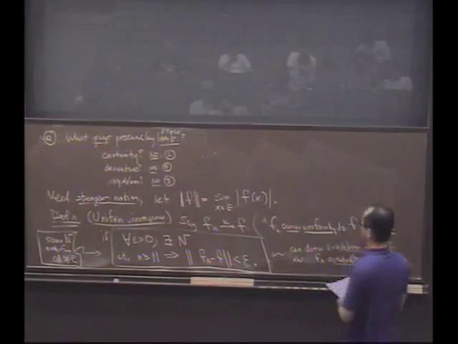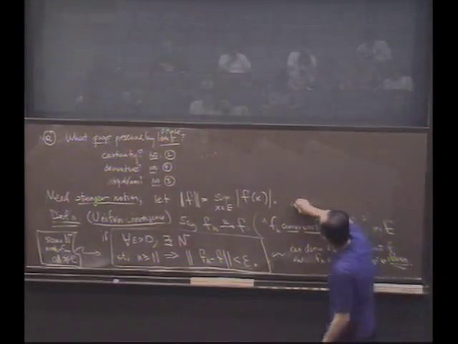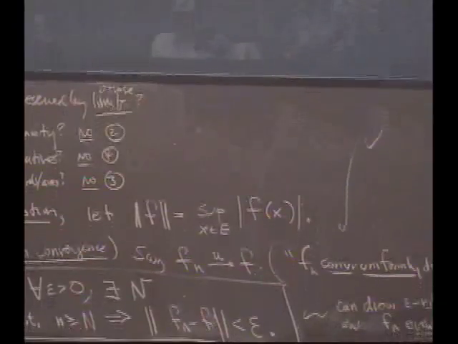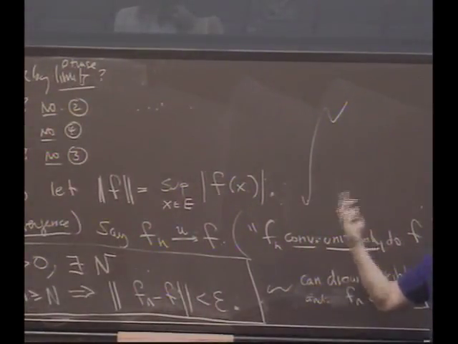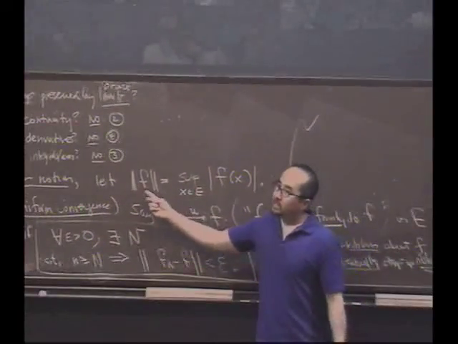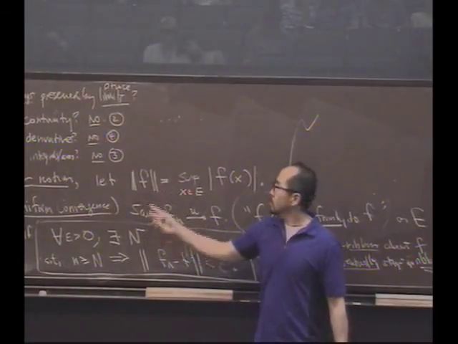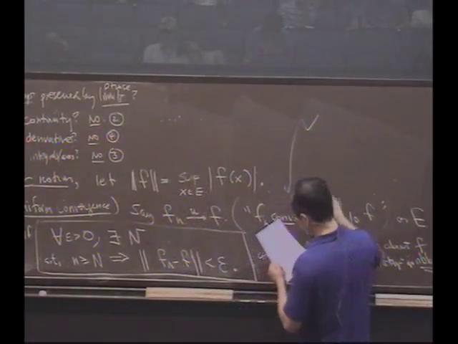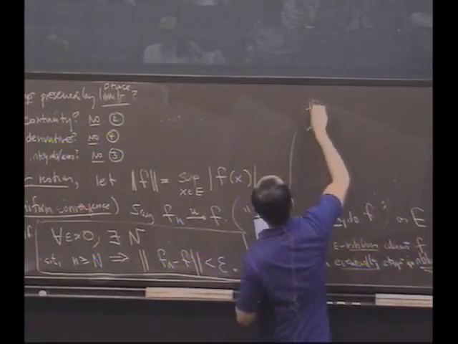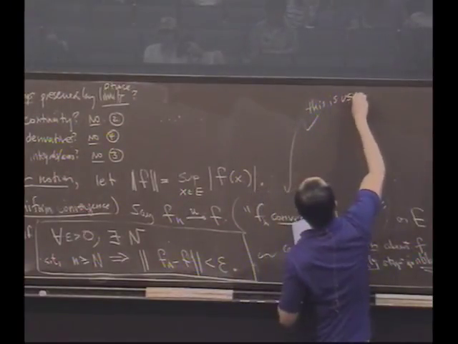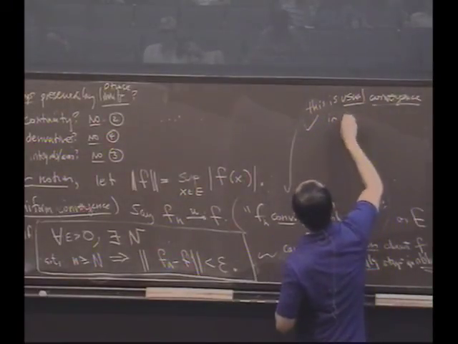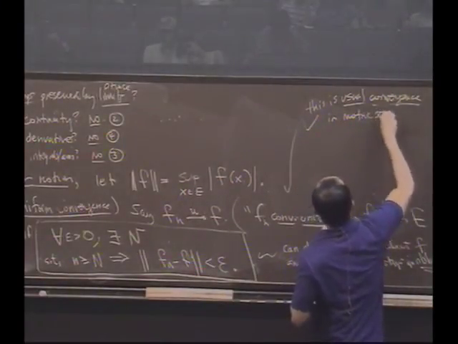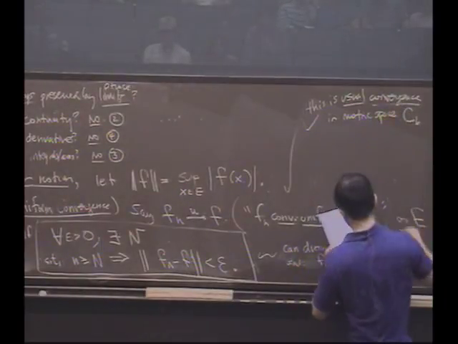That's the question. Now, the thing you should notice is that I've really just disguised this. What I've done is placed all the functions in their own metric space, and given the distance in that metric space to be basically a supremum distance. So this is just the usual convergence in the metric space, which I'll call C_b(E).